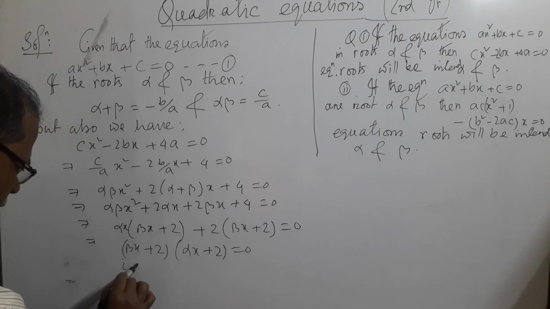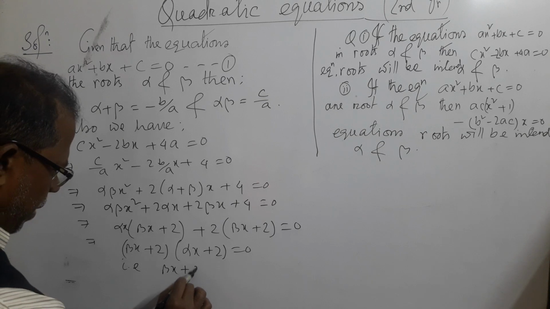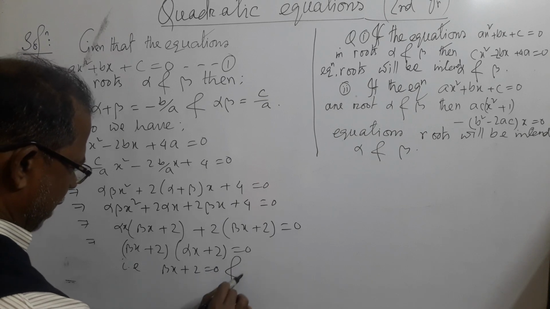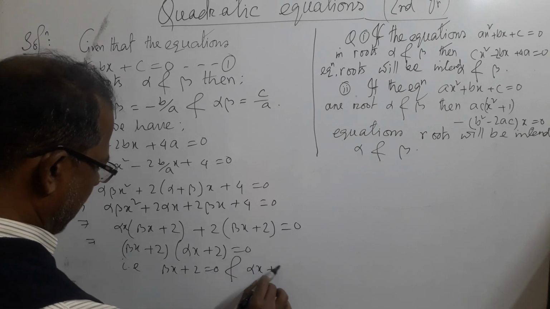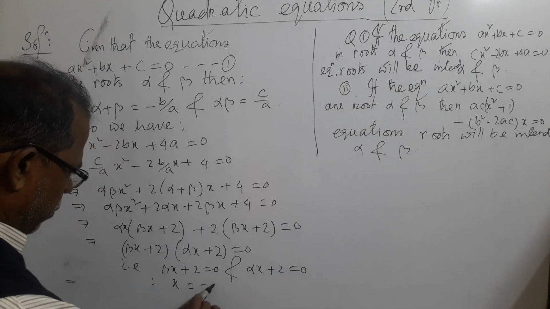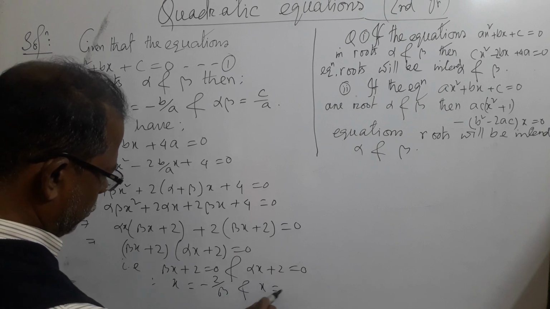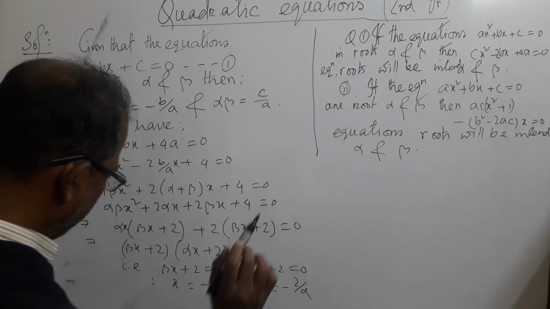So beta x plus 2 equals 0 and alpha x plus 2 equals 0, that is x equals minus 2 by beta and x equals minus 2 by alpha.